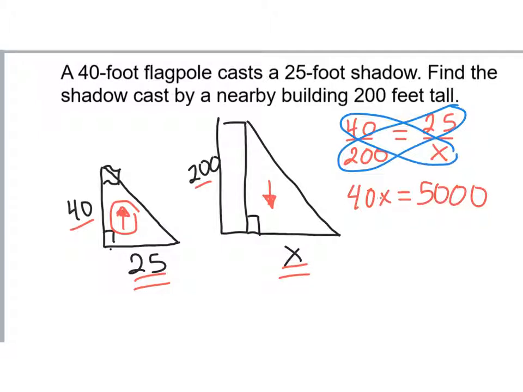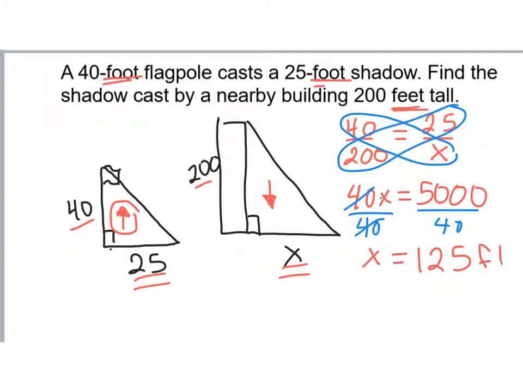So the opposite of multiplying here is dividing both sides by 40. And on the left-hand side, both of the 40s cancel out, and I end up with just the x. And on the right-hand side, 5,000 divided by 40 is going to give me exactly 125. And if I look, everything in my problem is given to me as feet. So this is 125 feet.